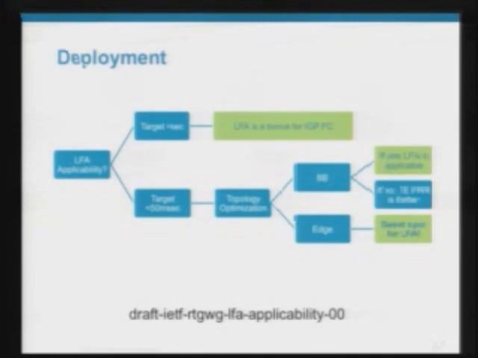If you're targeting less than 50 milliseconds, and you're on the edge, that's the sweet spot. There are well-established guidelines, you can follow them and get loop-free alternates in place. For the backbone, you need to do some analysis to see when loop-free alternates are applicable, and in the cases that are not, and only in those cases, do you need to bother with something heavier like TE fast reroute.